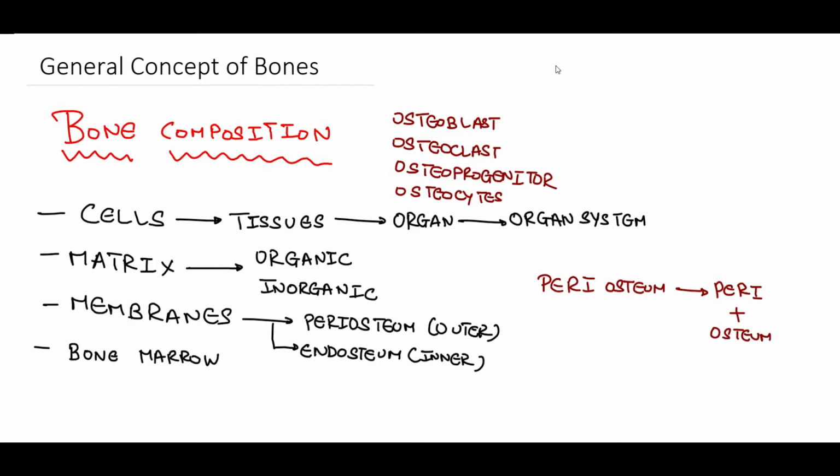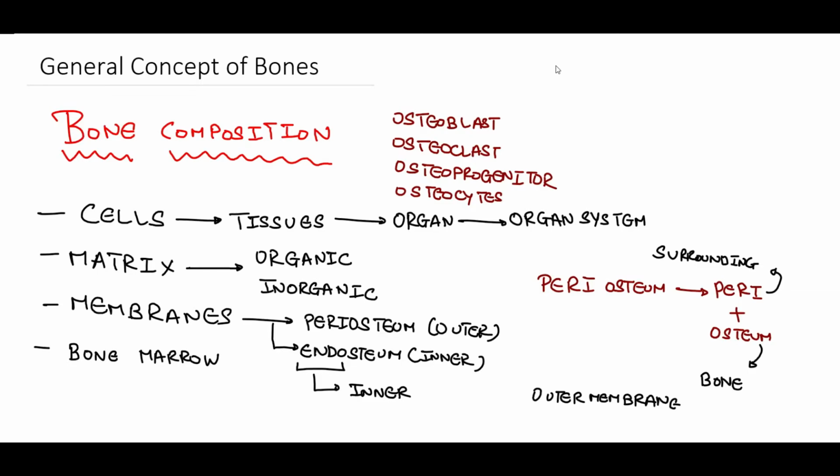Most of the anatomical terms are derived from the Latin language. The term peri refers to the surrounding and osteum refers to the bone. So, the periosteum simply means that it is an outer membrane, whereas in the endosteum, endo means inner and osteum refers to the bone. So, this is the inner membrane.